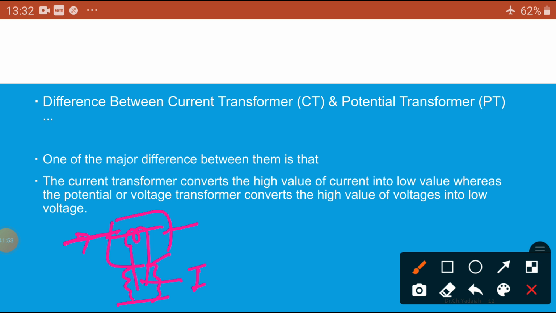Whereas the PT has the line going, similarly connected to the PT, and the PT is connected here to the ground and correspondingly connected to the voltmeter.